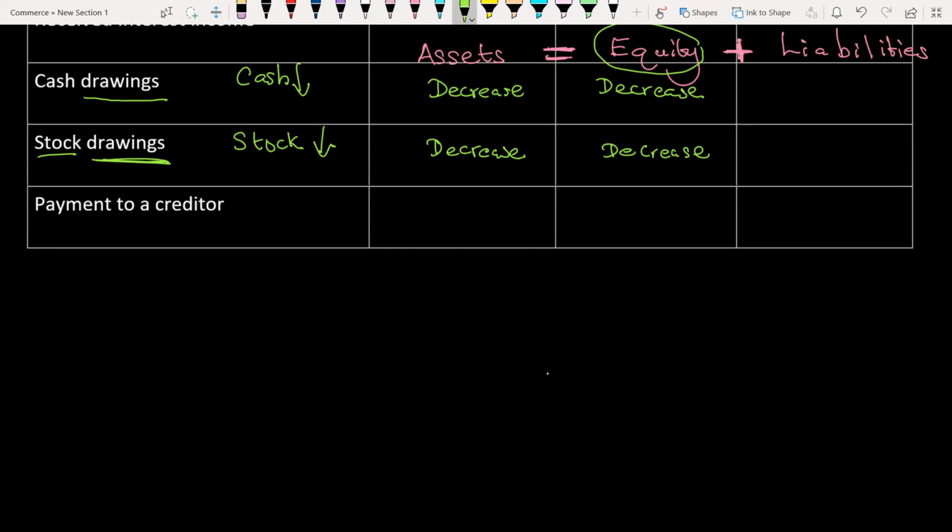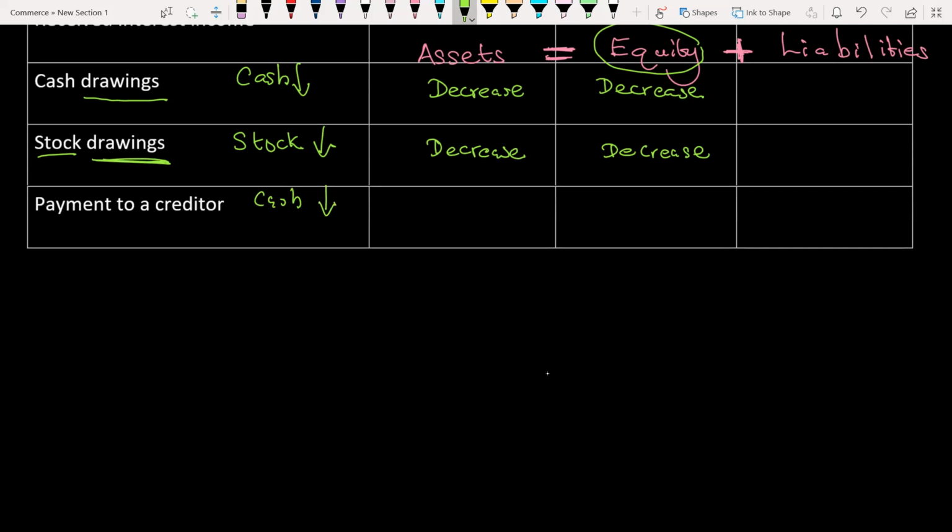What about payment to a creditor? Now, who is a creditor? This is the credit supplier of the business. The business owes to the creditor. So if the business pays a cash amount to a creditor, the cash of the business decreases.